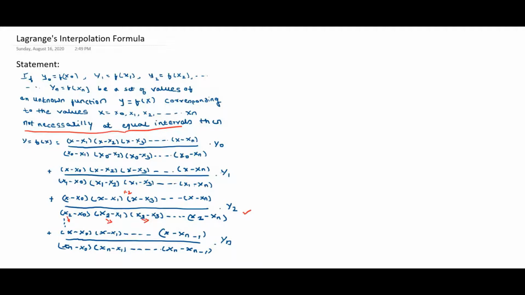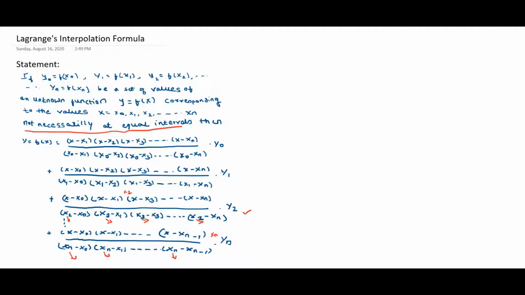Means the term which is absent in the numerator, in the denominator each bracket starts with that term. In the same way, in the last case, xn is absent and the denominator starts with xn only. This is xn minus x0, xn minus x1, and so on up to xn minus xn minus 1.